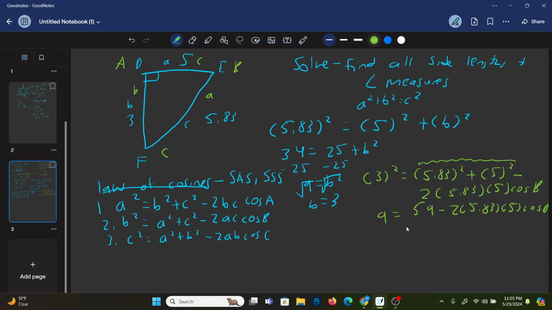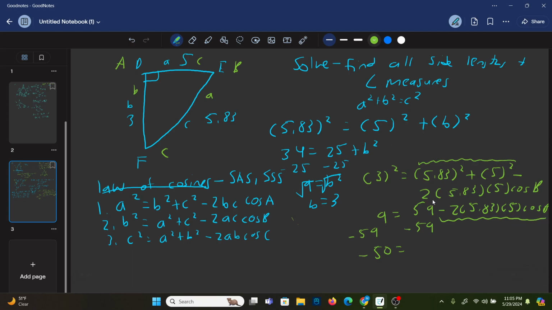And then we're going to subtract 59 from both sides. Negative 50 equals, and then we would simplify this.